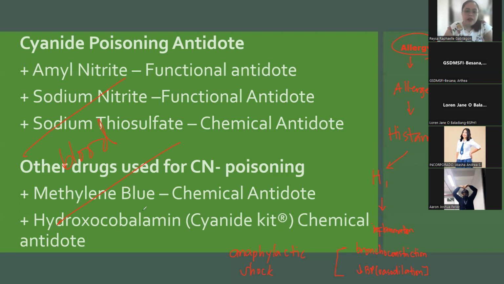A lot of people already died because nikaon lang sila itlog o kaya nikaon lang sila og chicken. Okay? And if for example, the patient experiences decrease in the blood pressure, parang automatic na response ng ating body na ipapabilis yung heart rate.